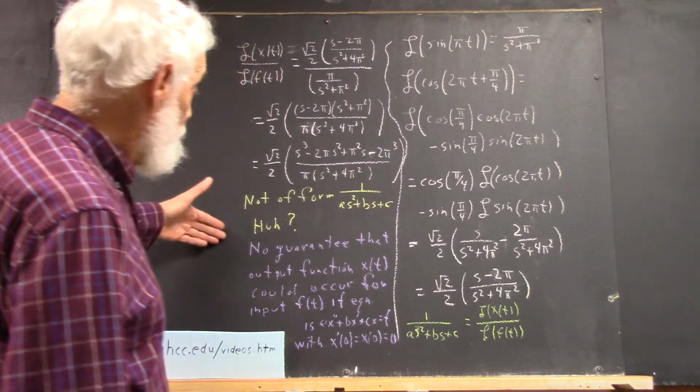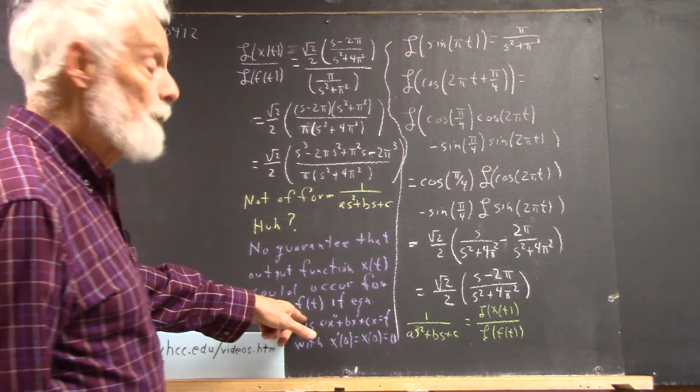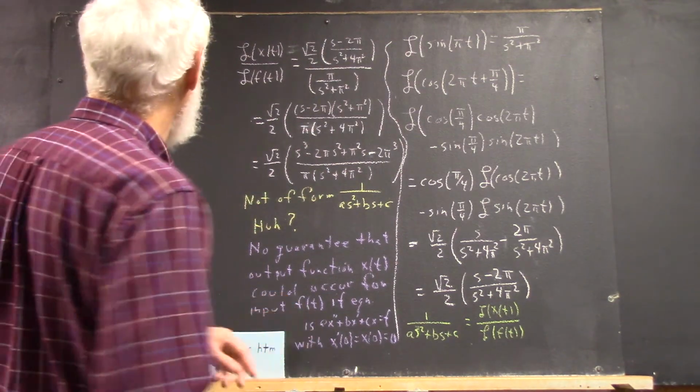This means that if this is an experiment, we've really messed up our observations of f of t. Okay?